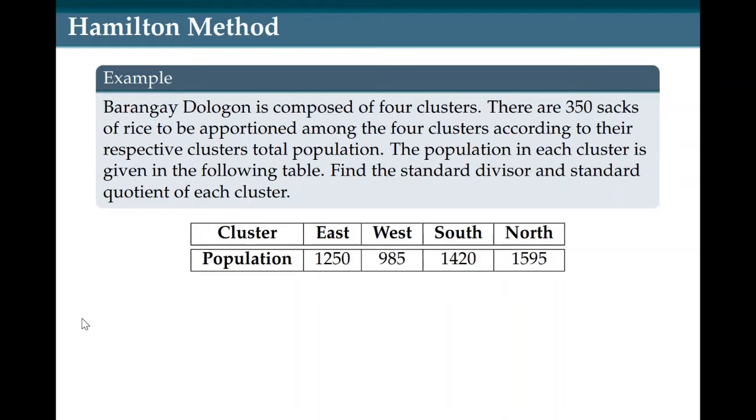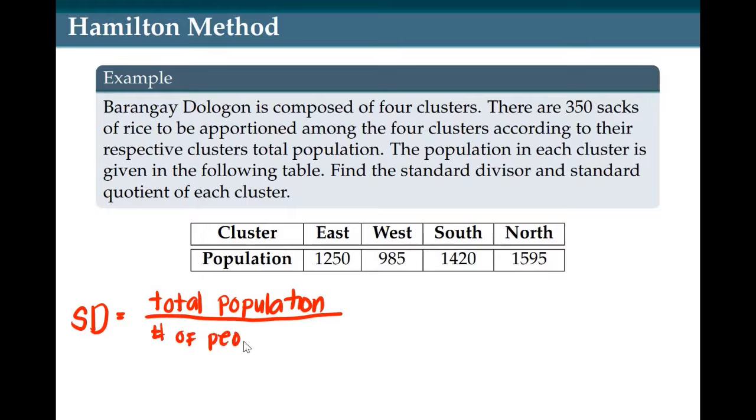So let us compute for the standard divisor first. Standard divisor is equal to the total population divided by the number of people to apportion.